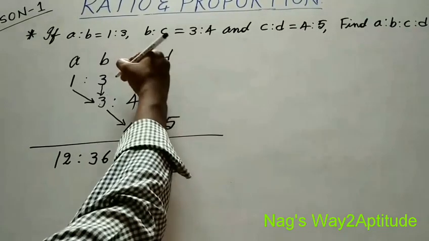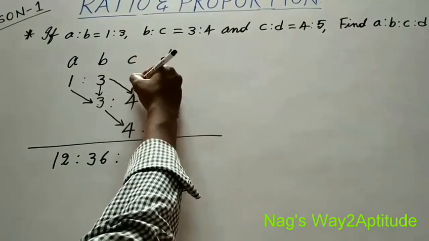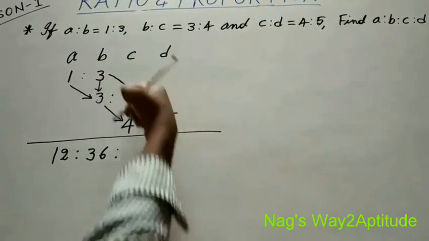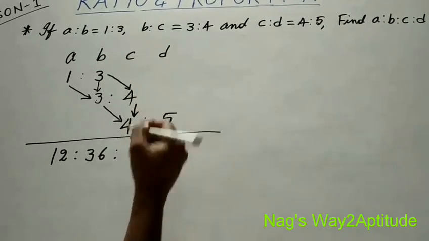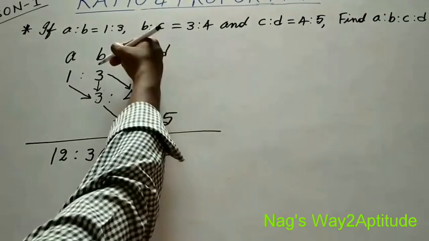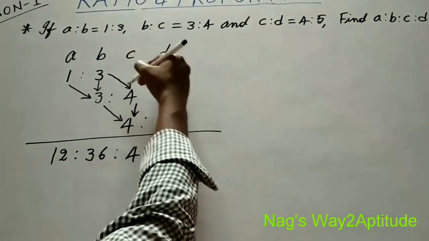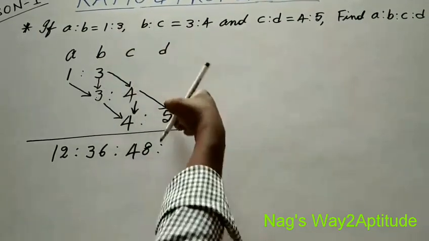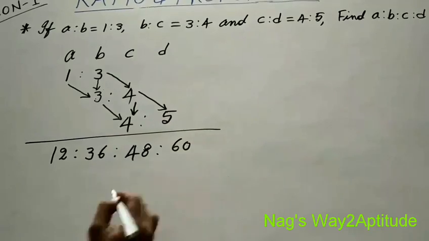Then you multiply these 3 terms: 3 4s are 12, 12 4s are 48. And finally you multiply these 3 terms: 3 4s are 12, 12 5s are 60.